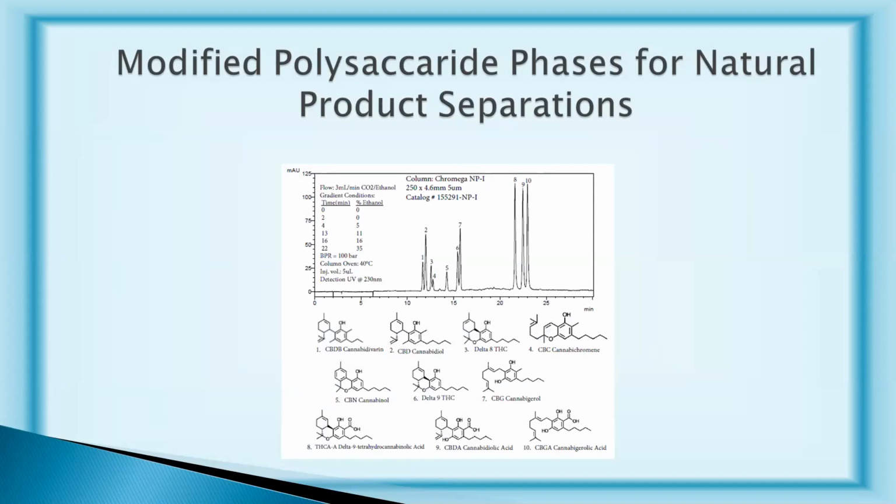It was one of our first attempts, and this is a whole series of cannabinoids, and we weren't really interested in isolating any particular one there. We just wanted to show that we could develop a stationary phase that had a significant amount of separation power for various cannabinoid mixtures.